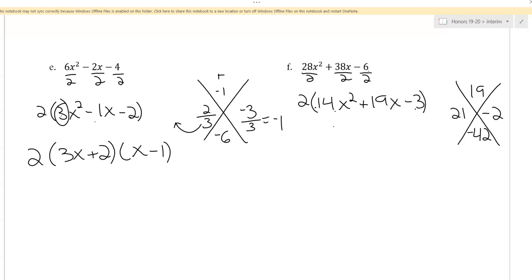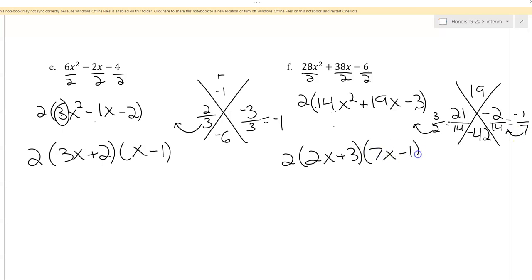Again, we're going to divide by 14. Both of these reduce. This becomes 3/2. This becomes -1/7. We have 2 times, slide it out, 2x plus 3, slide it out, 7x minus 1.